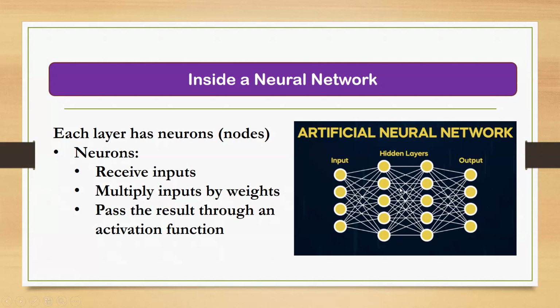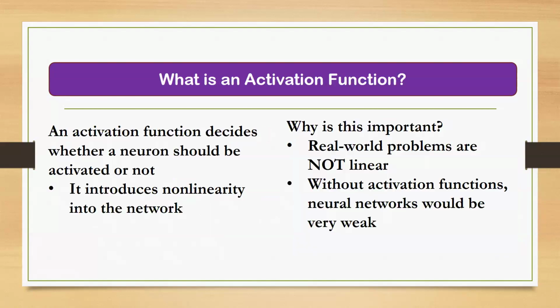So a lot of multiplications of certain numbers, which are originally the inputs, keep happening until they come out as output through some refinement. They multiply the weights and then pass the results through what we call an activation function, which is one important, vital component in neural networks.